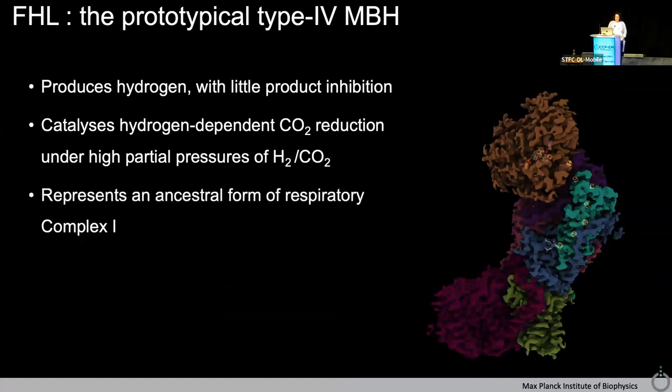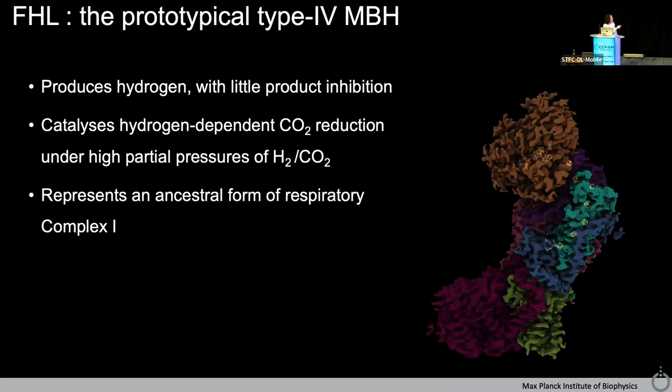But the reason that we're really interested in this complex is hinted at by the shape of the complex, which you may recognize bears some similarity to complex 1 with this L-shaped form. And it turns out that these types of hydrogenases, the type 4 membrane-bound hydrogenases, are the ancestors of respiratory complex 1. And based on sequence similarity, it seems very likely that this whole complex 1 superfamily has a conserved mechanism of coupling the redox reaction in the soluble arm with proton translocation across the membrane arm.